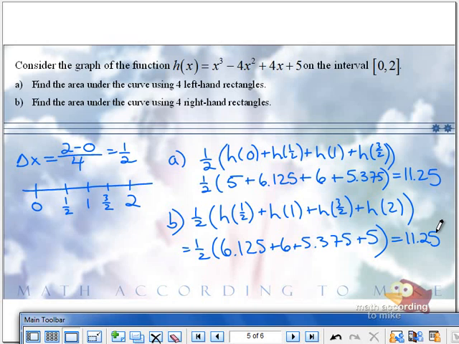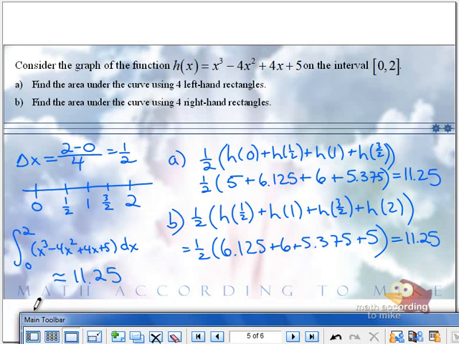Now what can you do? All right, so writing this in integral notation, you would say the integral from a to b, in this case 0 to 2, of the function with respect to x is approximately 11.25, since we got the same answer for both.